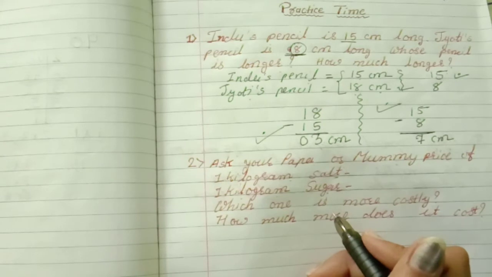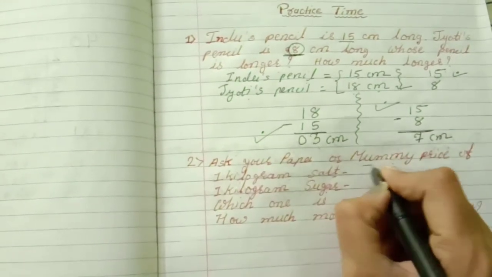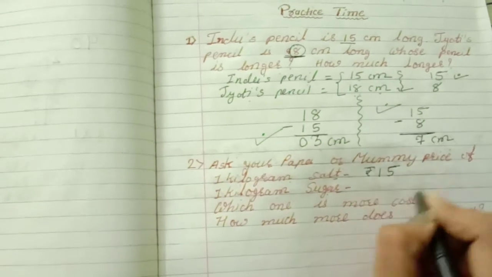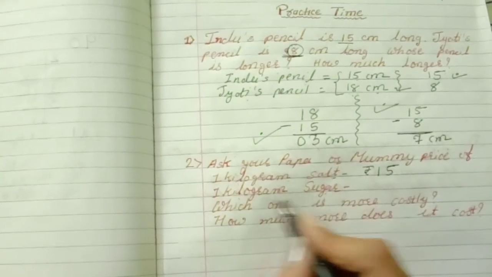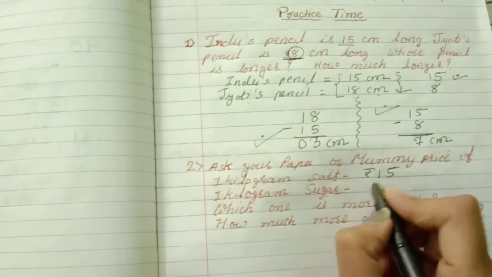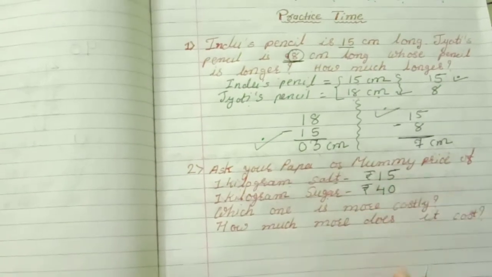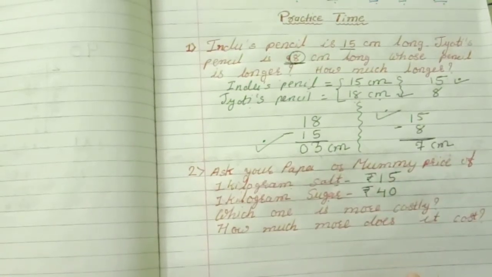Approximately 12 rupees or 10 rupees, 15 rupees. So we can write here 15 rupees. Okay. Now sugar. Price of sugar we can write it is 40 rupees or 38, that we can write.